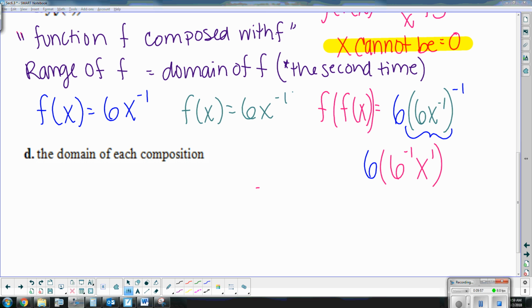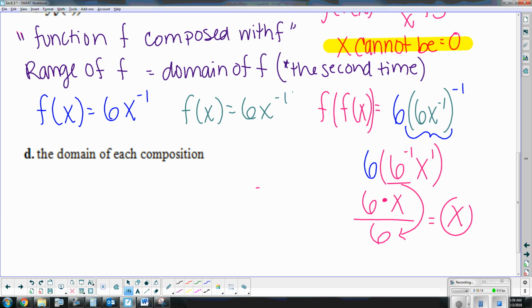And so when we simplify this, we have 6 times x all over 6, because when we move this 6 to the denominator, the exponent changes signs. So 6 times x over 6, which is just x.